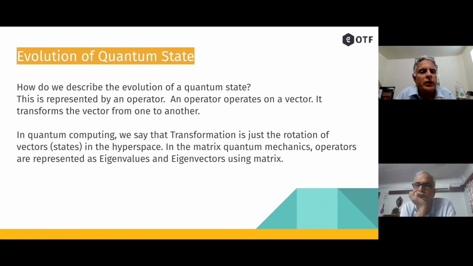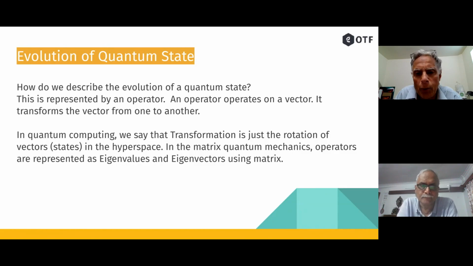So if I say I have transformed a vector from angle theta to theta plus 10, that is, if it was at a 30-degree angle and I made it a 40-degree angle, that means I have transformed it. And this transformation can only be obtained through specific operators, unique to the x direction, y direction, and z direction.